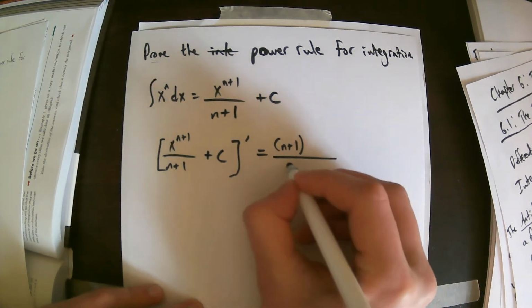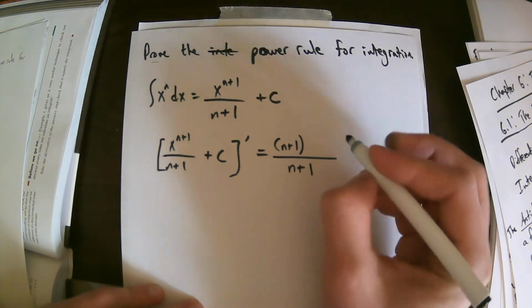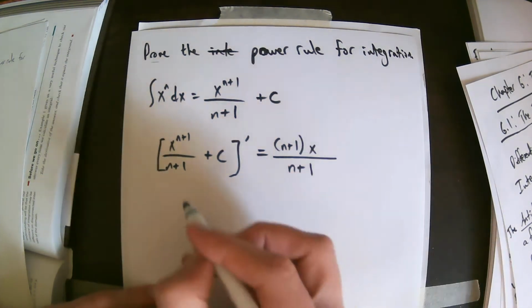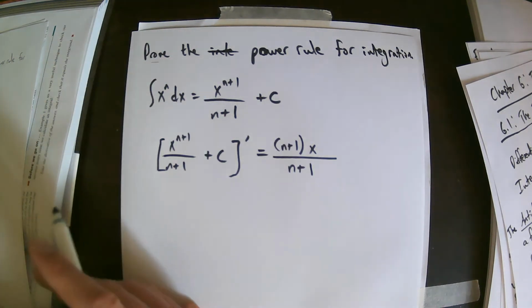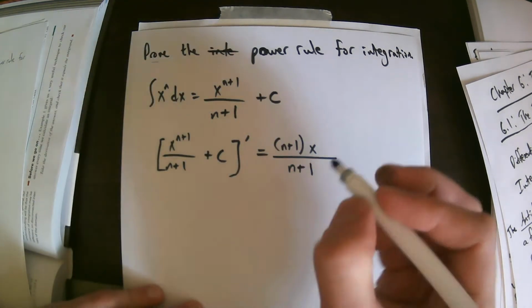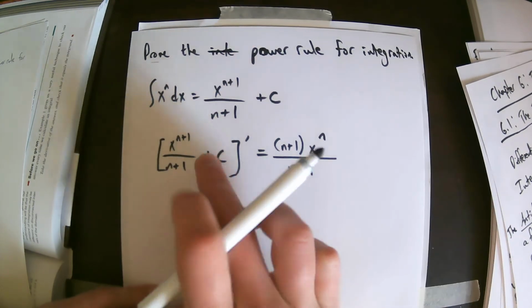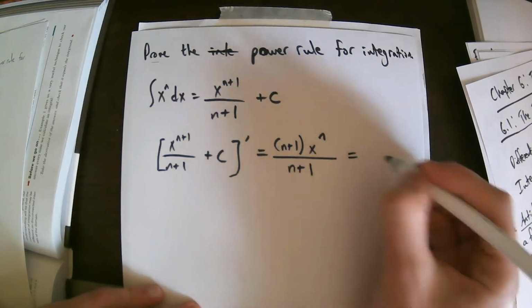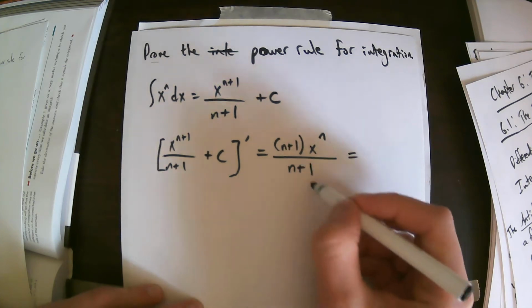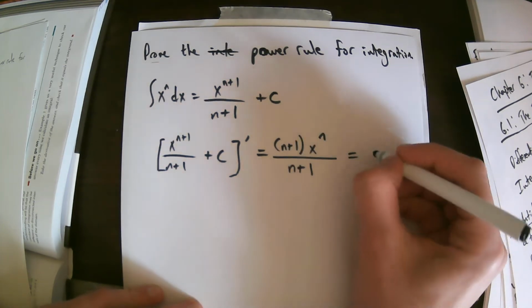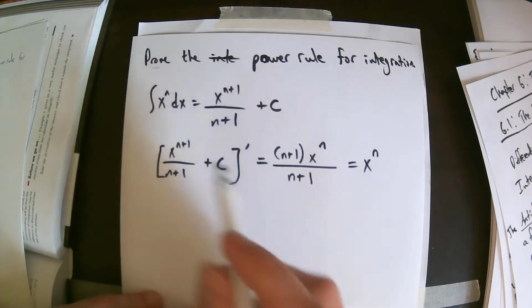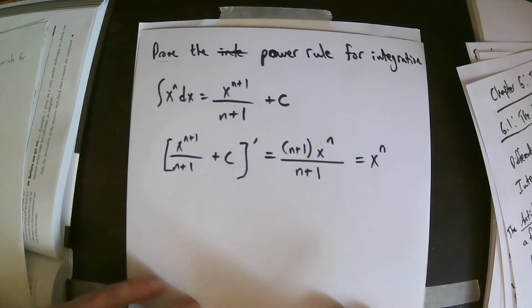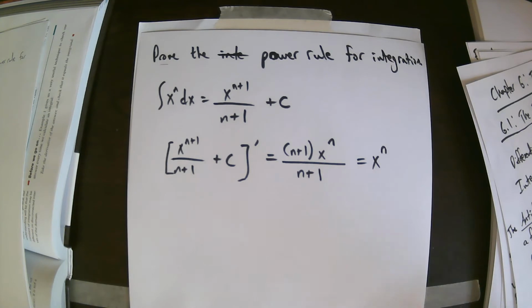Then over n plus 1 in the bottom. And then times x, and then the derivative tells me to subtract 1 from the exponent, but n plus 1 minus 1 is just n, and then the c goes away, right? But what am I left with here? The n plus 1s cancel each other because they're exactly the same. And I'm just left with x to the n, which is exactly what's under the integral there. Okay.